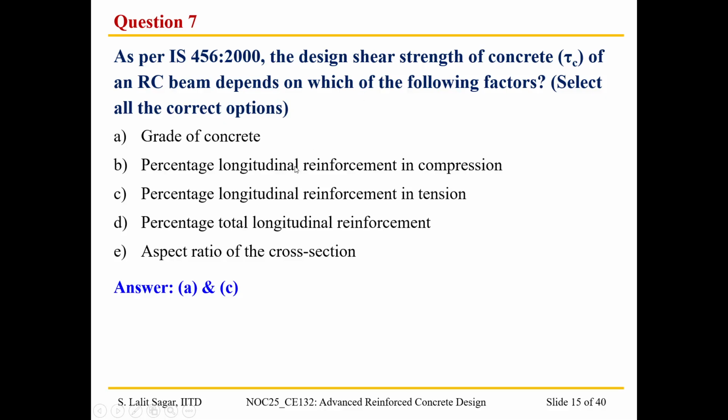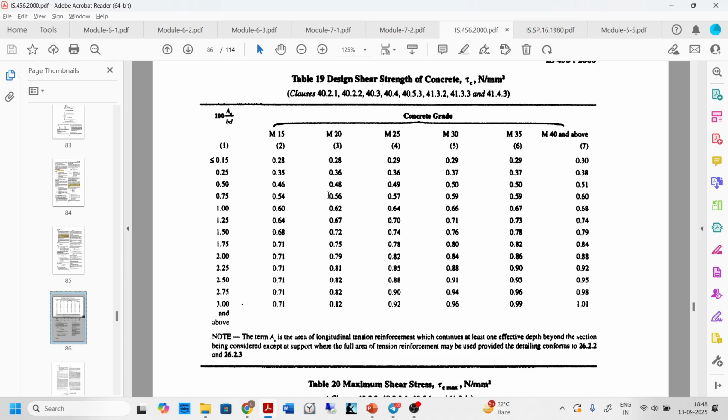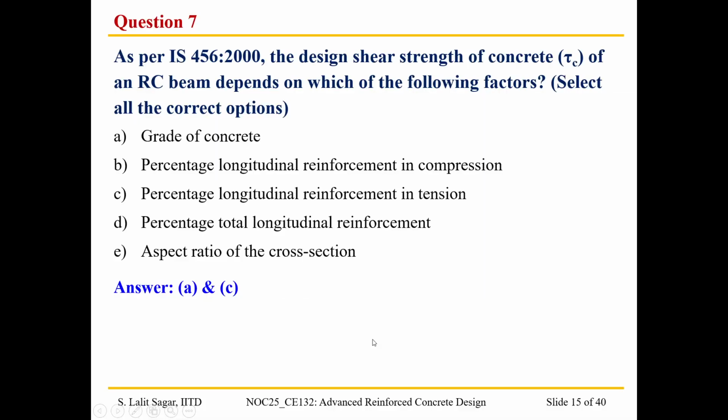And secondly, the percentage of longitudinal reinforcement in tension, because here As corresponds to the longitudinal tension reinforcement. It does not really depend on the compression reinforcement. Mainly using these two factors, the area of tension reinforcement and the grade of concrete, we are going to determine the design shear strength. So for this particular question, options A and C are the correct responses. So moving on.